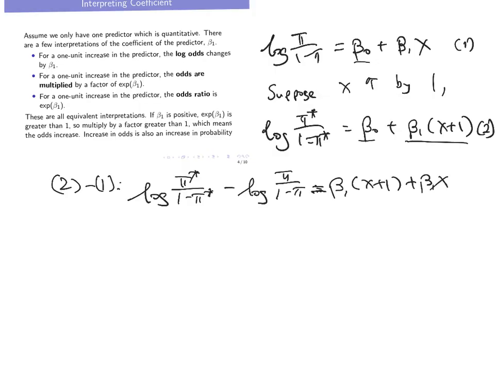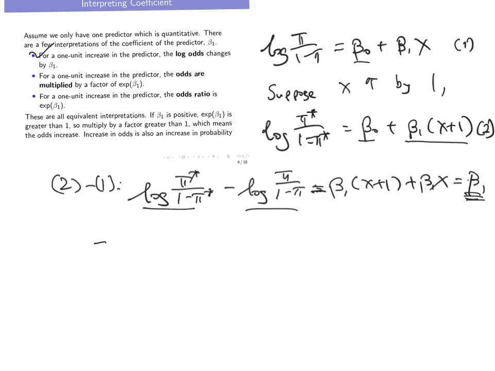And if you do all the expansions, this just simplifies to beta 1. All right, so the coefficient beta 1, the slope, tells us the difference in the log odds. So for a 1 unit increase in the predictor, the log odds changes by beta 1, right? So when I increase x by 1, the log odds changes by beta 1. So that's one interpretation, this first one over here.